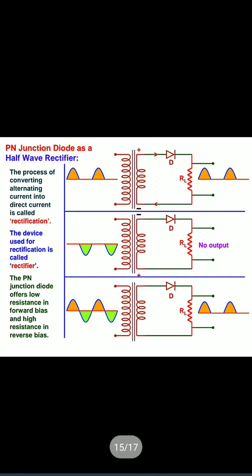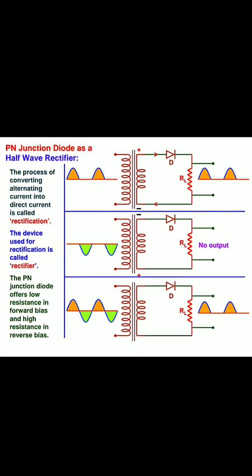Next, the application of the PN junction diode. The most common application of the PN junction diode is as a rectifier. A rectifier is a device which converts AC to DC, alternating current to direct current. Alternating current means the sinusoidal wave, a very good example, which has a positive half as well as a negative half.